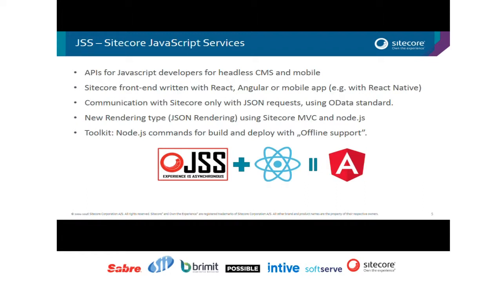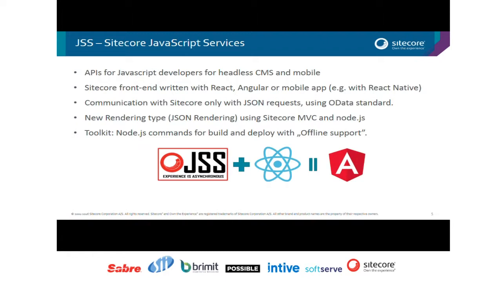So yeah, how it works, there is a new type of rendering which returns JSON instead of HTML or whatever. The whole JSS uses Sitecore MVC and Node.js both on the server and the client side. And also there is a Node.js toolkit for building and deploying the application.